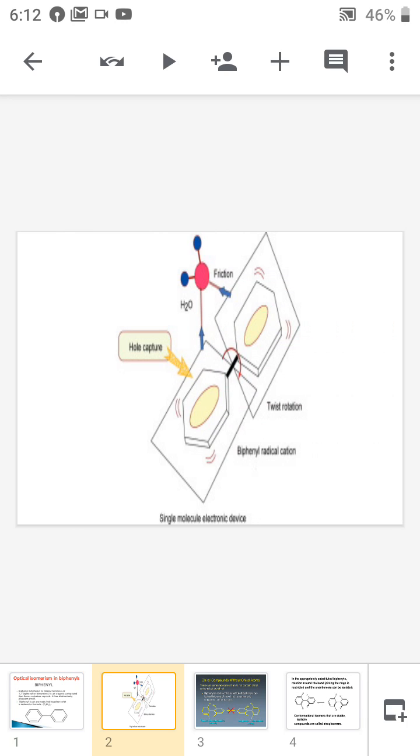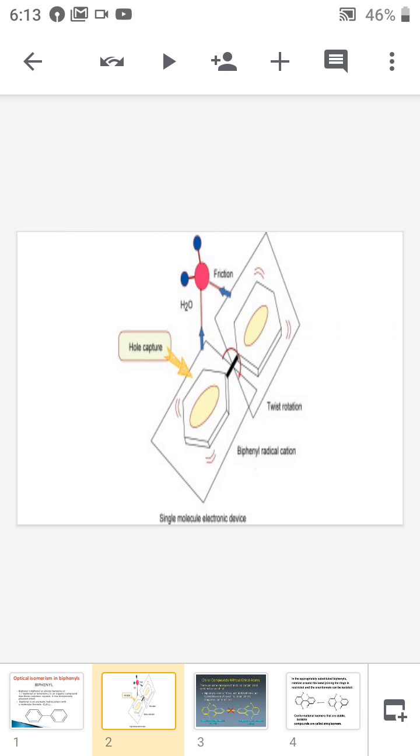See, in diphenyl, one of the phenyl rings exists in one plane and the other phenyl ring exists in the other plane. So these two planes are mutually perpendicular to each other, but even then the ring will flip. See here, in the figure, one of the planes is shown by a hollow cap, in which that plane exists in the plane of the paper.